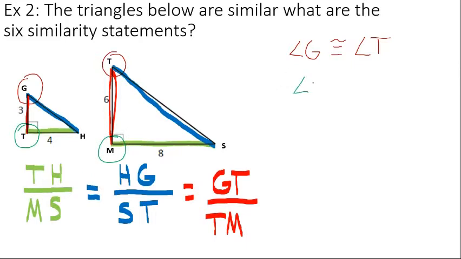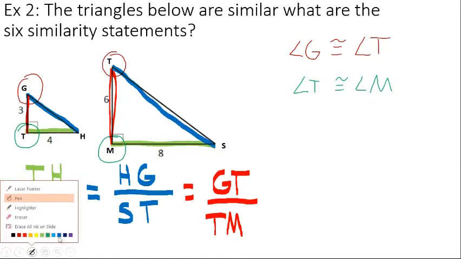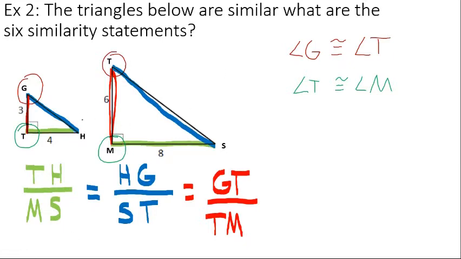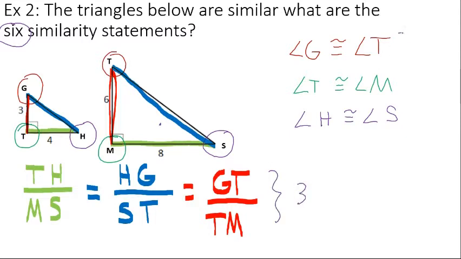So we say angle T congruent to angle M. And then the last angle over here, angle H and this angle S, they're congruent to each other. So those are the 6 similarity statements. Here there's 3, and over here there's another 3.